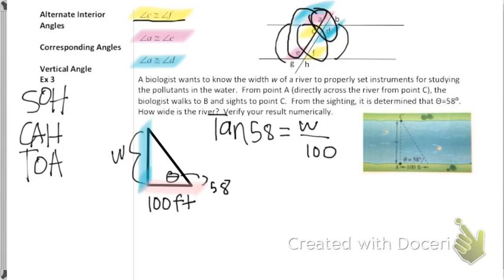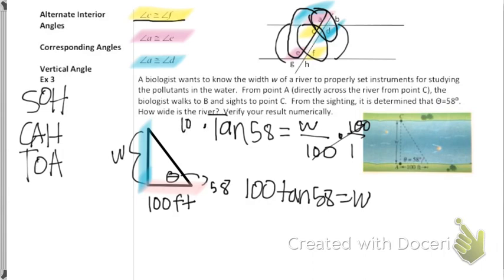And now 100 times tangent of 58 equals W. How I got this is that I multiplied both sides by 100.